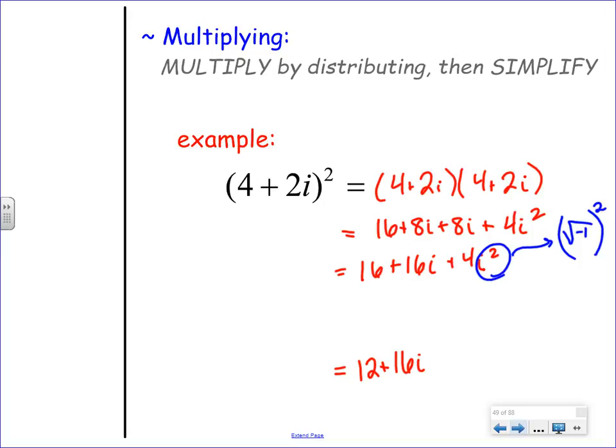But when you square a square root, an imaginary squared is a real number. So considering that i squared is negative 1, 16 minus 4 is... Even after multiplying, we still get another complex number.